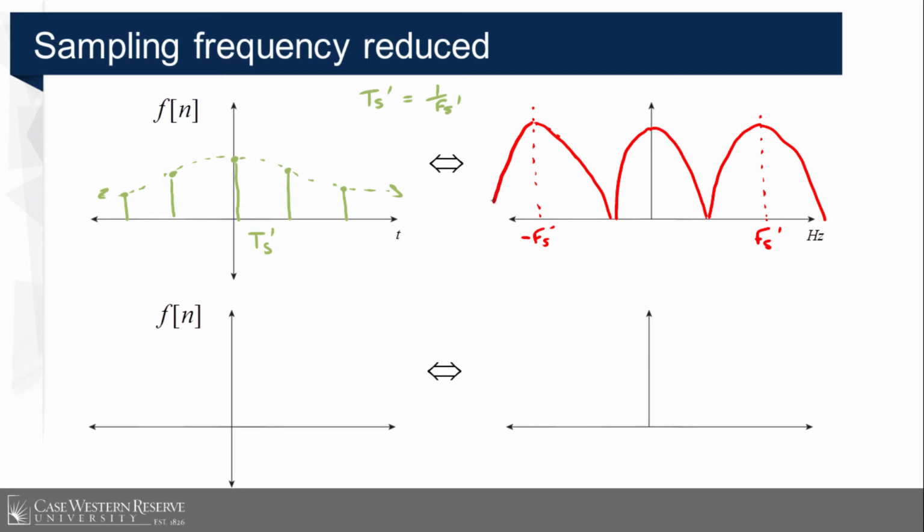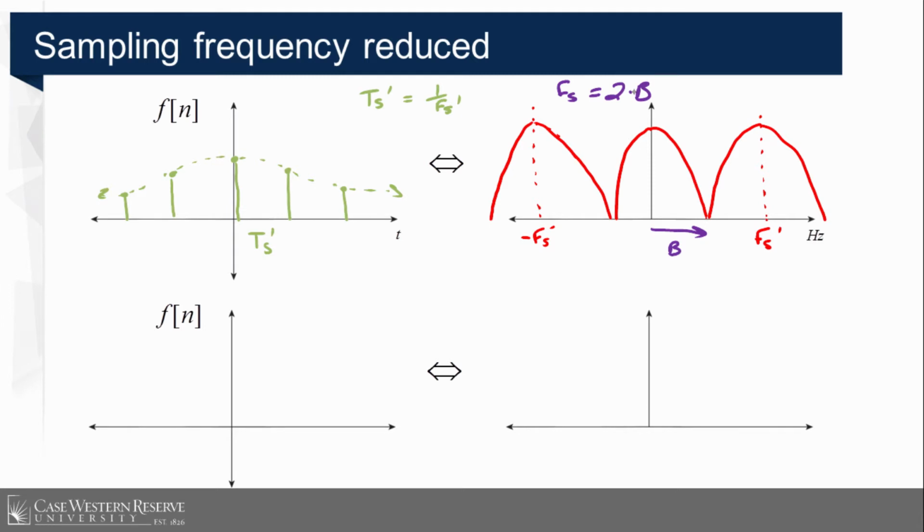And if I draw this correctly, we see that in this case, my bandwidth here is exactly equal to Fs over 2. So in other words, Fs is exactly equal to 2 times b.